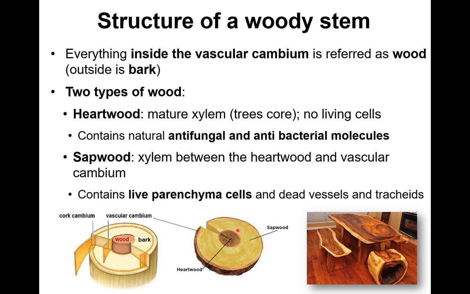progressively, the one towards the center, tends to be saturated, or start dying and be saturated, with antifungal and antibacterial molecules. So you don't want insects to be able to go through this. Now, by adding all of these antifungal, antibacterial molecules, this structure becomes very hard.